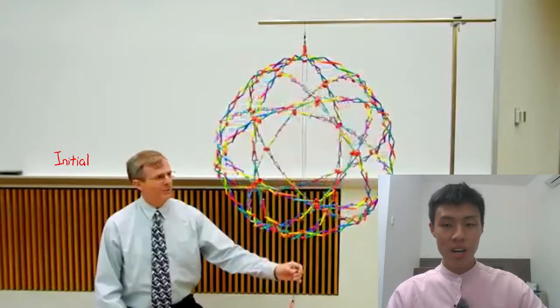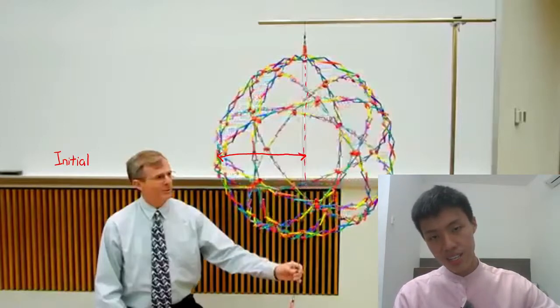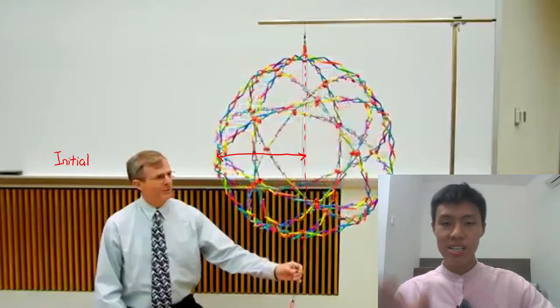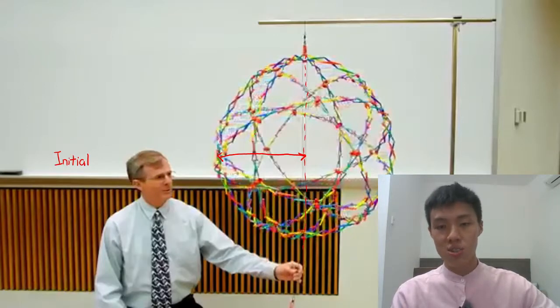Before he pulls the string, the mass is further away from the axis of rotation. This center here is the axis of rotation, and as you can see here, the distance of all these plastics are far away from the axis of rotation, so I give it a big R.